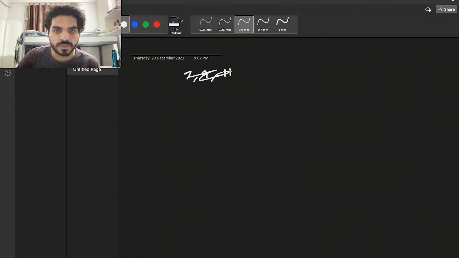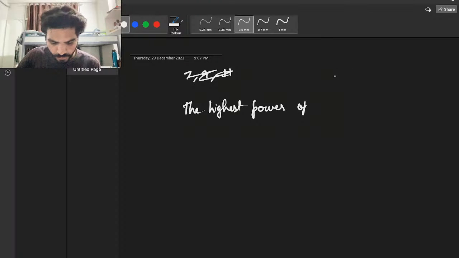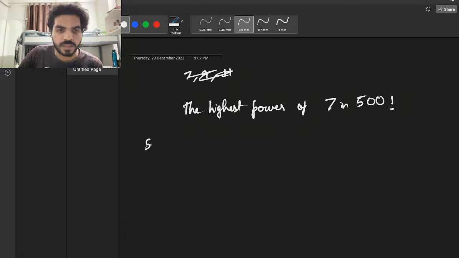So one other question is there: the highest power of 7 in 500 factorial. So 500 factorial can be written as 500 into 499 and so on up till 7, 6, 5, 4, 3, 2 and 1.